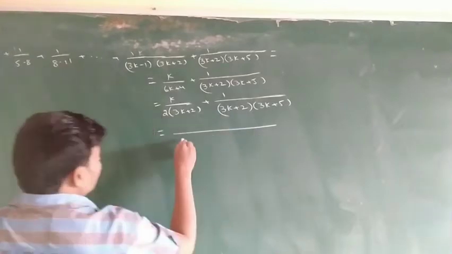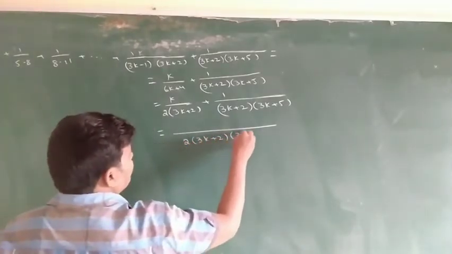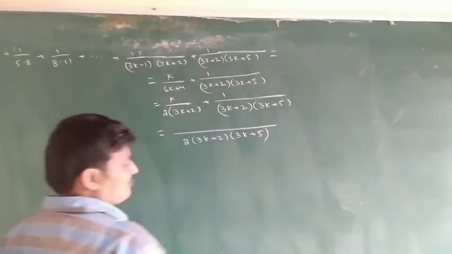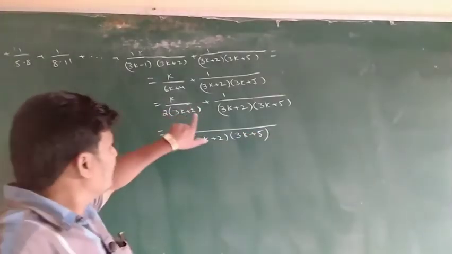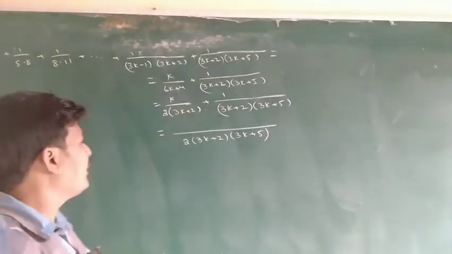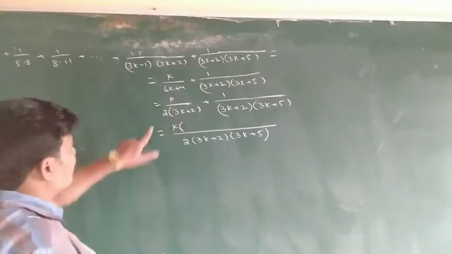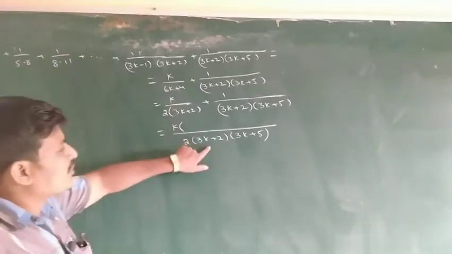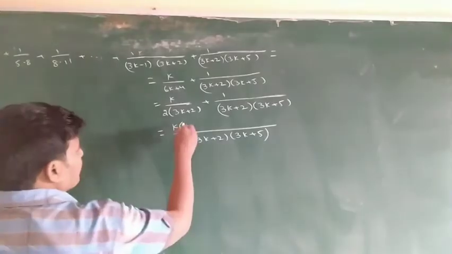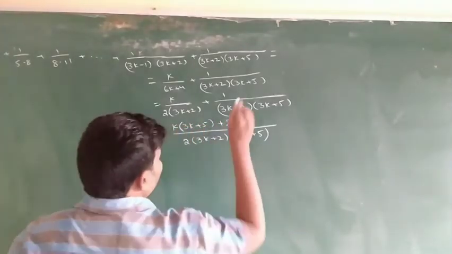LCM is 2 into 3k plus 2 into 3k plus 5. 3k plus 2 is taken one time, and 3k plus 5. So what is the remaining? k into 2 is 2k plus 2... what is the remaining? 3k plus 4... 3k plus 5 plus 2.